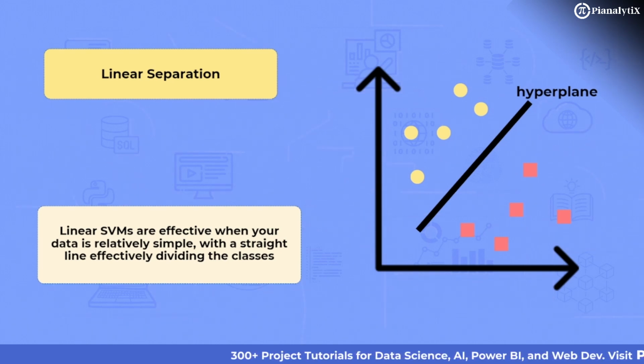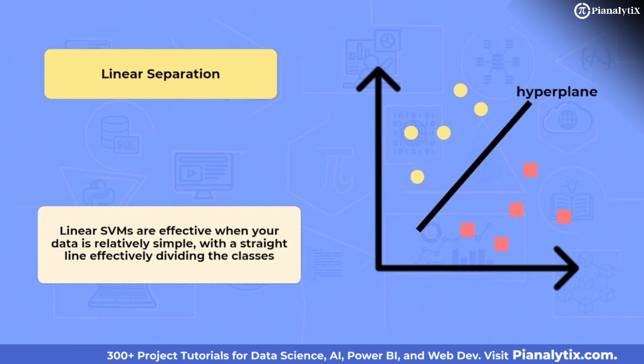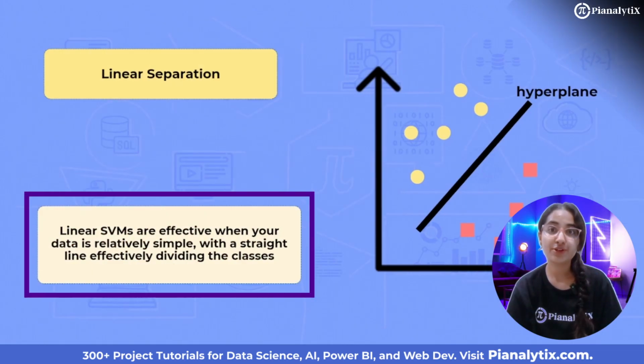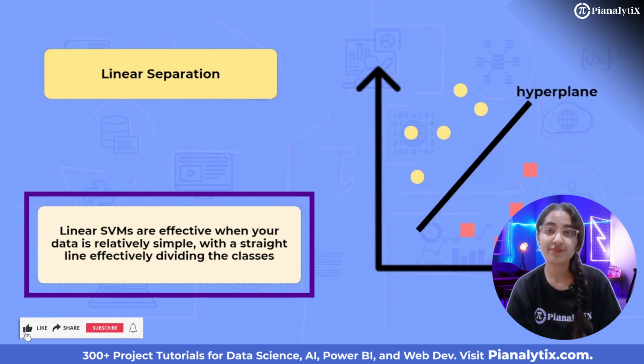This is the simplest case and is often referred to as a linear SVM. Linear SVMs are effective when your data is relatively simple with a straight line effectively dividing the classes. In this case, all circles are on one side and squares on the other.